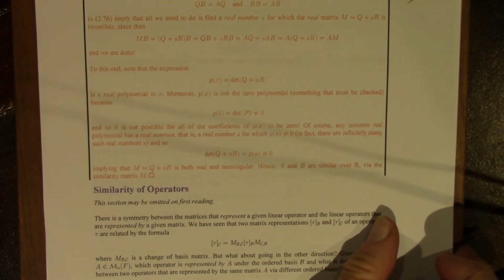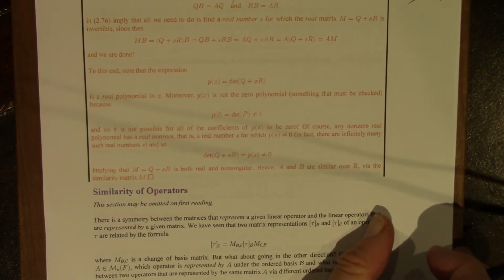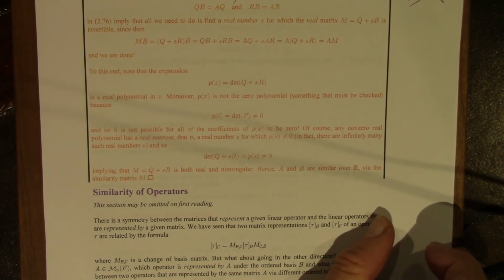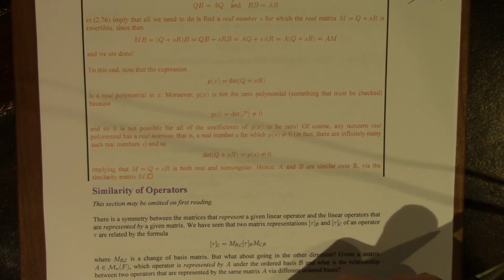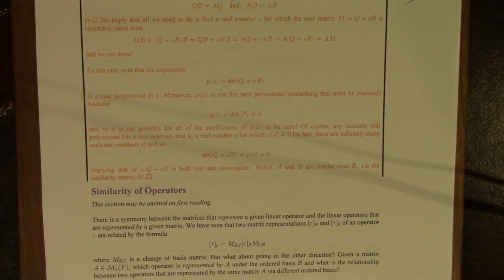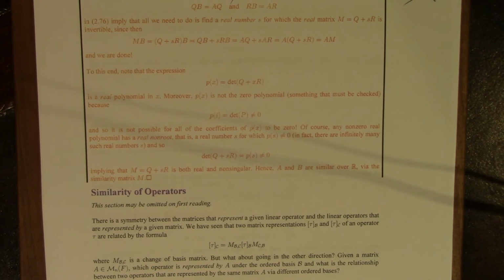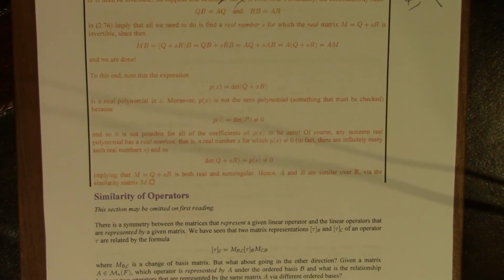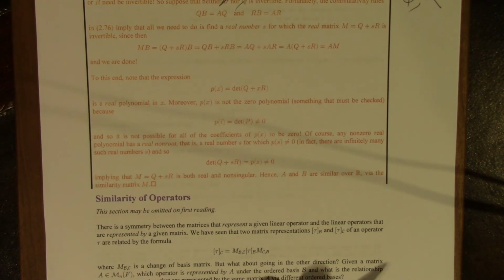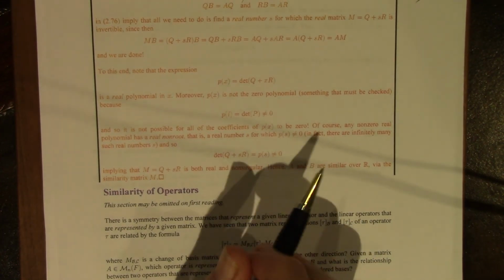Well, any non-zero real polynomial has a real non-root. Just think about the graph of a polynomial. It can only cross the x-axis a finite number of times. So there's only a finite number of zeros, therefore there are, in fact, infinitely many non-zeros. And all we need is one of them.